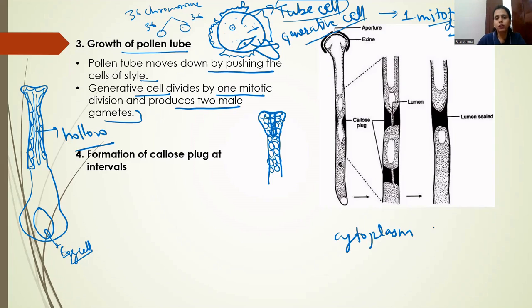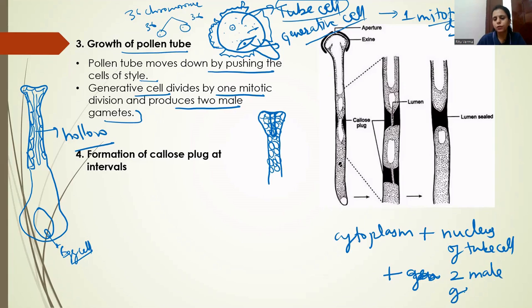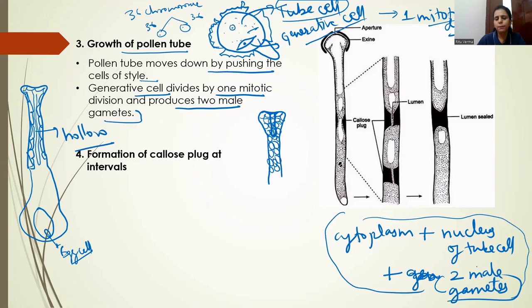Cytoplasm of the pollen grain plus nucleus of the tube cell plus these two male gametes, which are produced after the mitotic division of the generative cell. All this content passes through the pollen tube and is present almost at the tip of the pollen tube.